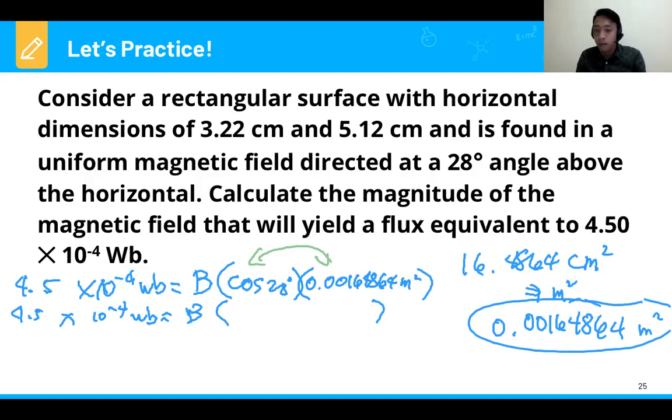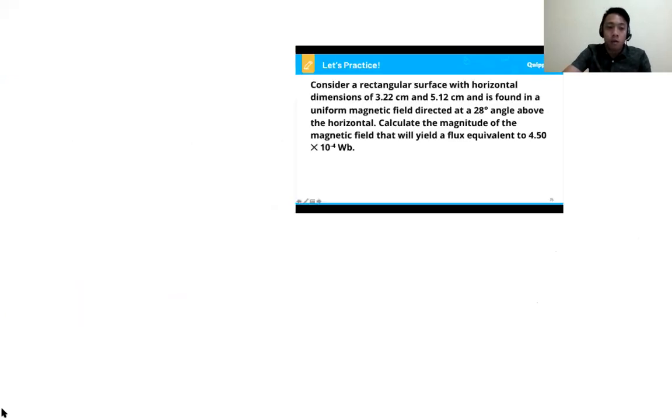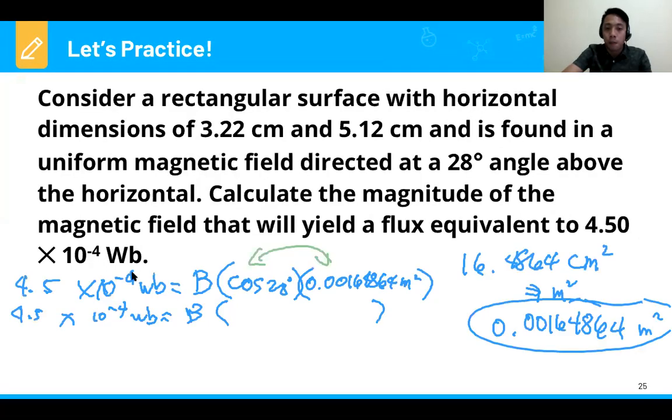Teka lang, I'll use my calculator. Our cosine, okay, our cosine 28.